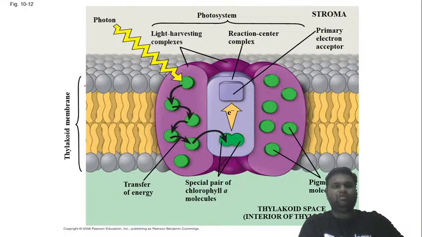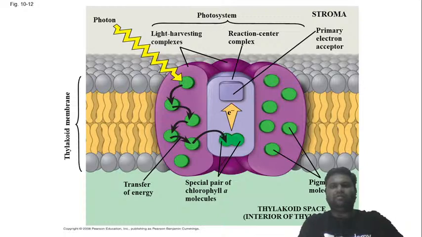This one is a thylakoid space, and this is the reaction center complex. These two are the light harvesting complexes.